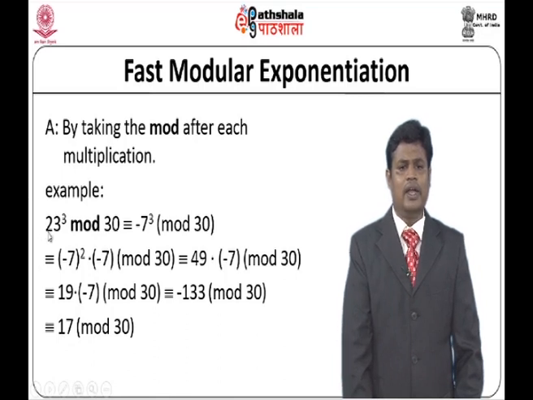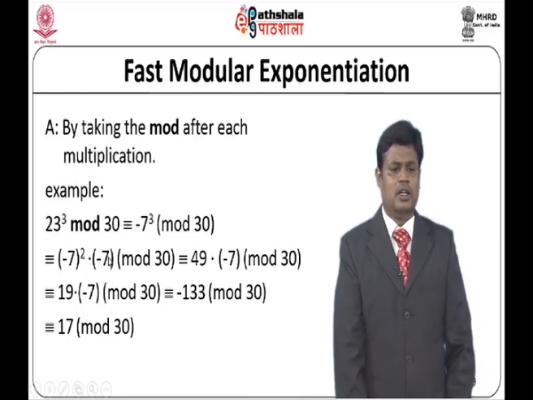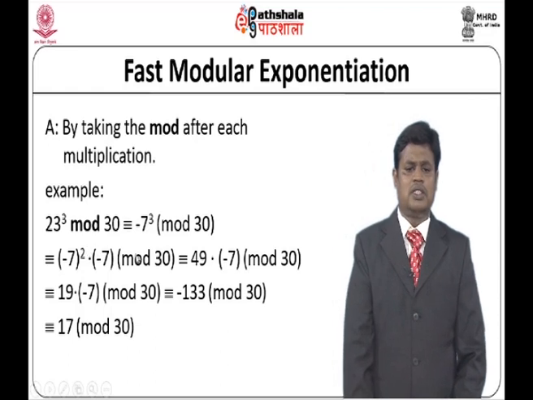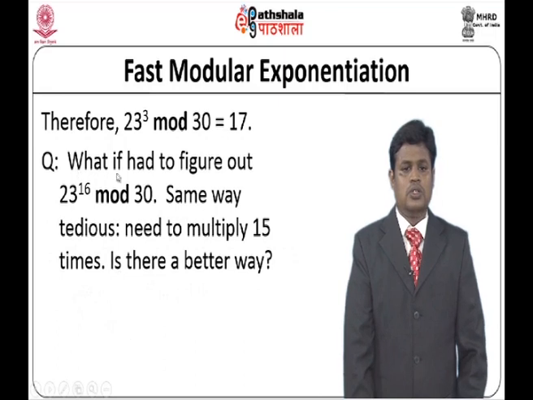Either you can directly take 23 into 23 into 23 mod 30, or we take 23 minus 30, that is minus 7, and after subtracting from 23, with the minus 7 we can simplify that power. Therefore 23 power 3 mod 30 is equal to 17.